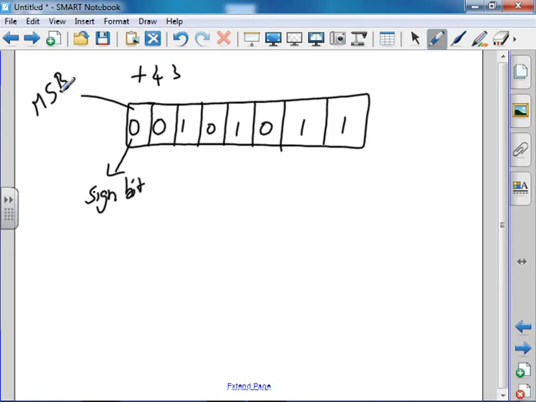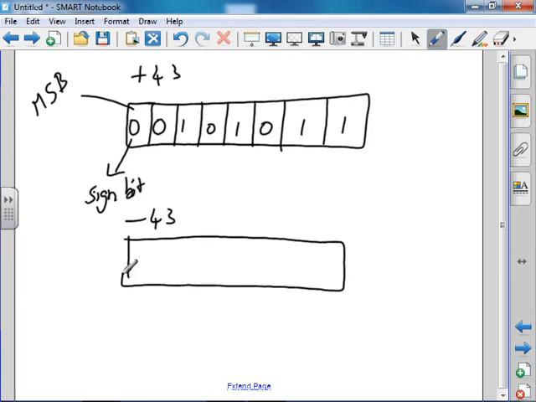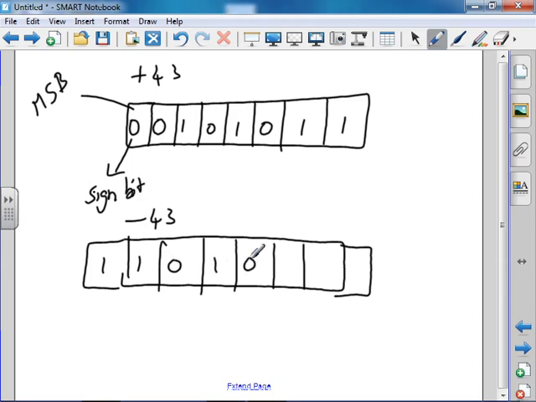Okay. If it is minus 43, how will you represent this number? I have already told you, for the sign magnitude number, we will use 8 digits. So in the signed magnitude number, look at this: 1, 1, 0, 1, 0, 1, 0, 1.